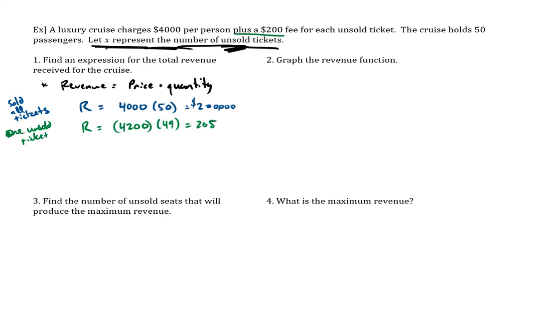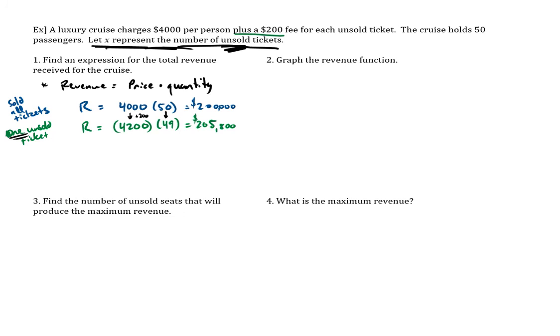So what we want to figure out is what is the best number for them to sell. Clearly they don't want to sell all the tickets, they want to go under. Based on this pattern, notice from here to here was plus 200, so that was the $200 fee.